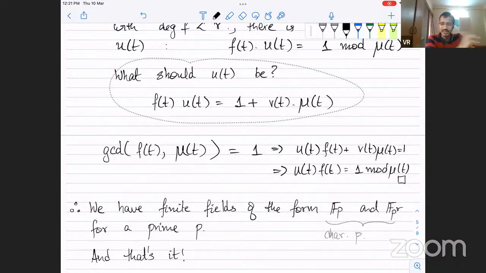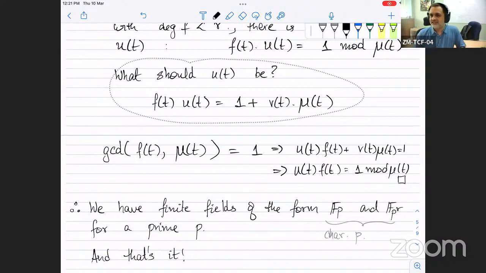Even if you are doing something crazy, no matter exactly how you create a field of size p power r, it is isomorphic to, say, my favorite degree r irreducible polynomial construction, F_p[t] quotiented by mu of t. No matter what other person comes up with a field of size p power r, these two things are isomorphic. We are just calling elements by different names, but once we relabel them, multiplication and addition work the same.